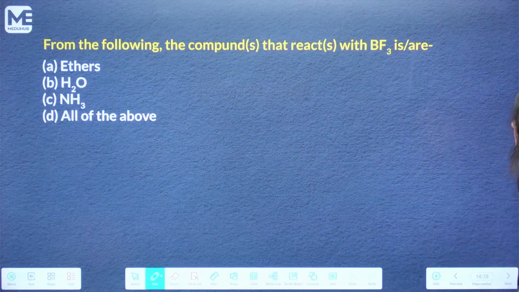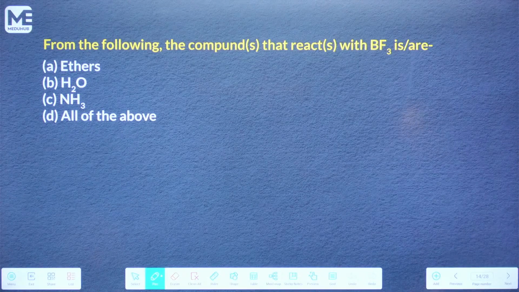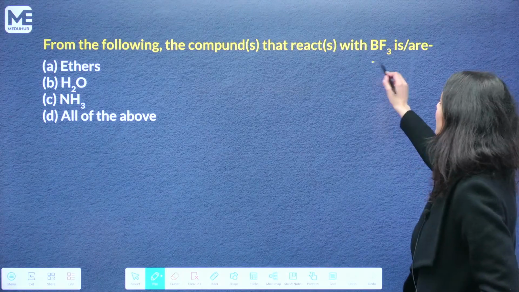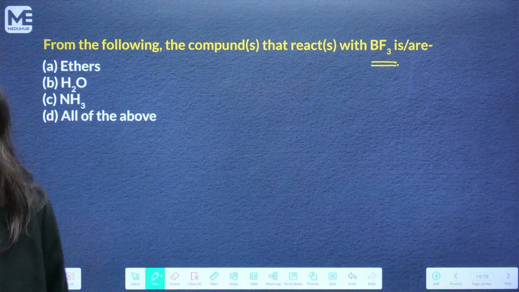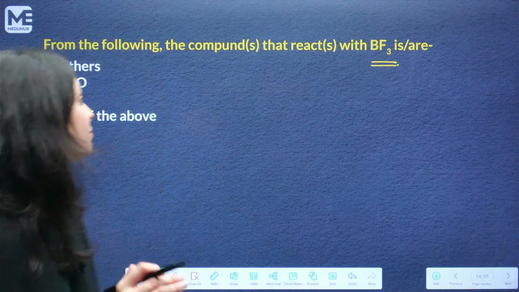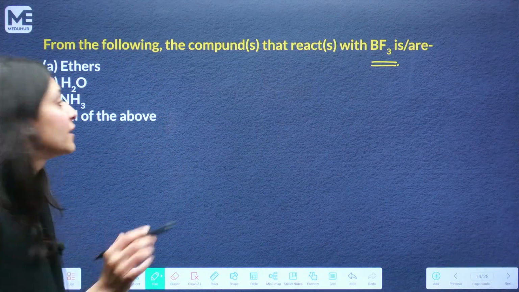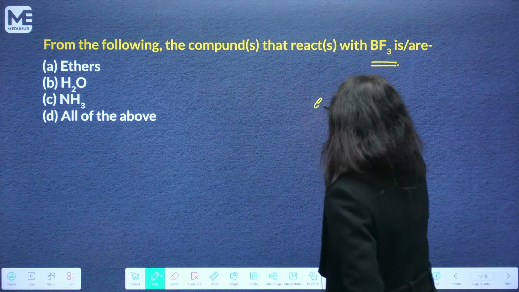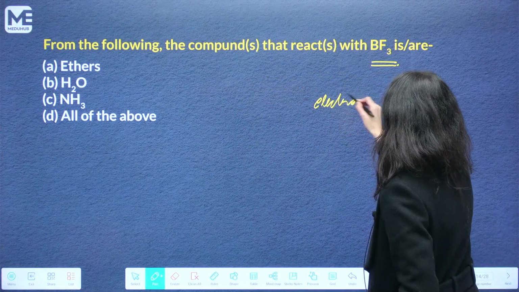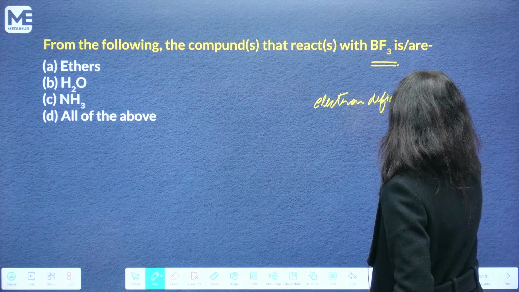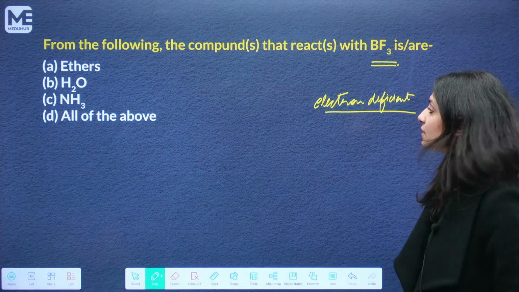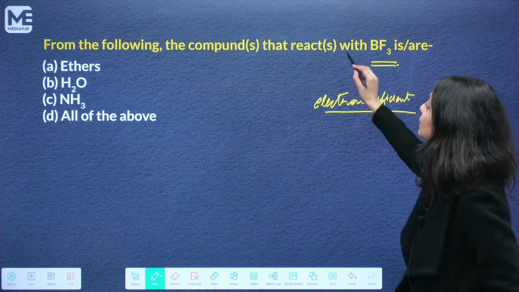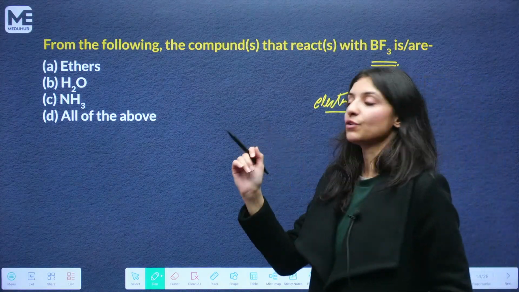Moving on. From the following, the compounds that react with BF3 are. This requires application. If you see BF3 anywhere in your paper, the first thing is that BF3 is electron deficient. So it would want to take a pair of electrons.